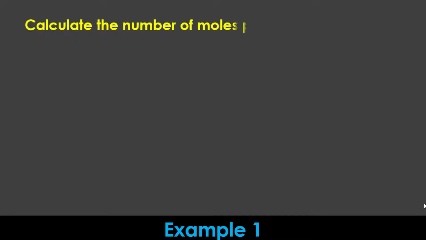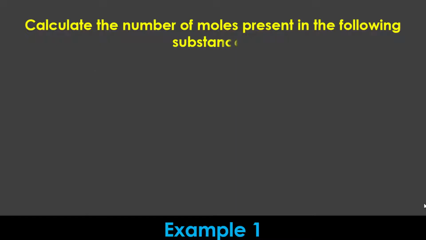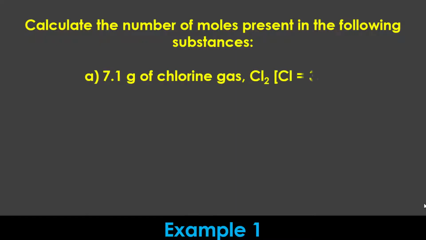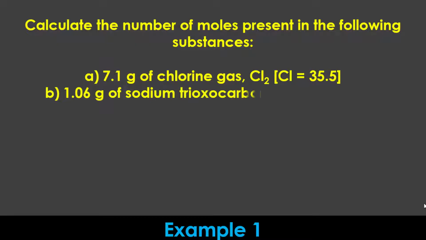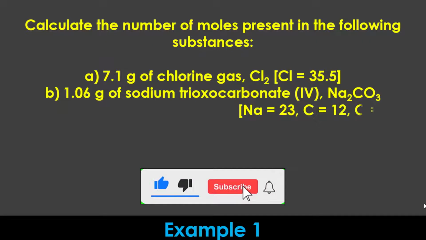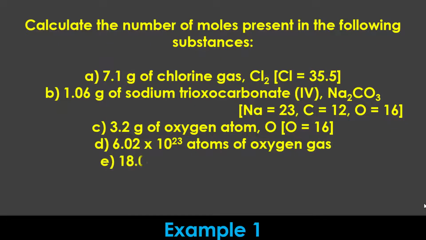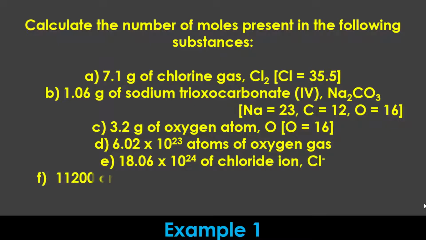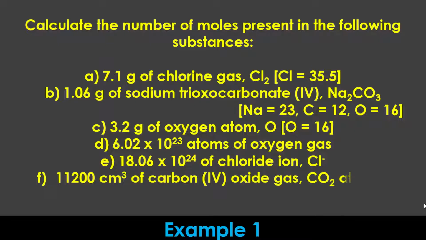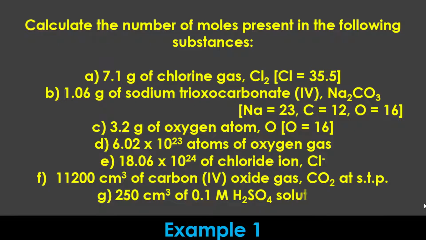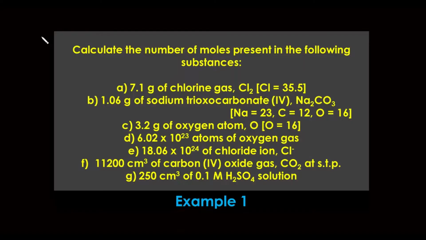Example 1. Calculate the number of moles present in the following substances displayed on the screen. In example 1a, b, and c, we are expected to convert grams to number of moles.